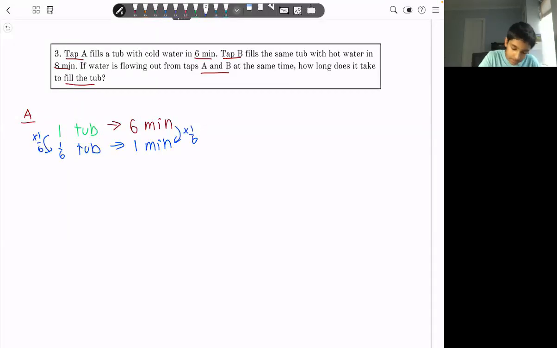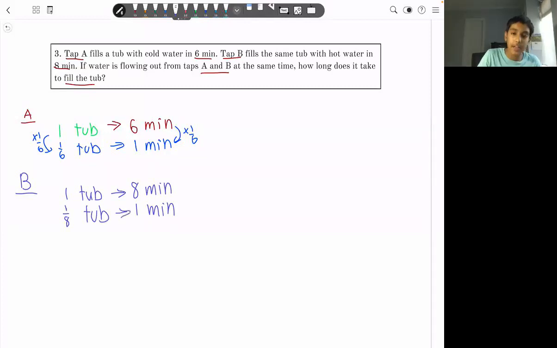Okay, now what about tub B? Again, one tub in 8 minutes. So that means in just 1 minute, we can only fill 1/8 the tub. Right? The same kind of approach.